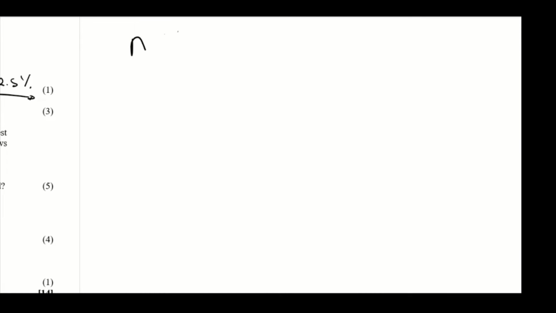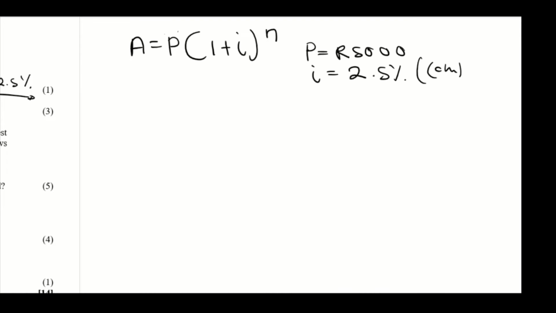P is the investment of Janet in her savings account, which is 5,000 Rand. And the interest rate, we just stated that it's 2.5%. Why? Because it's compounded quarterly. And n is equal to 2 years.